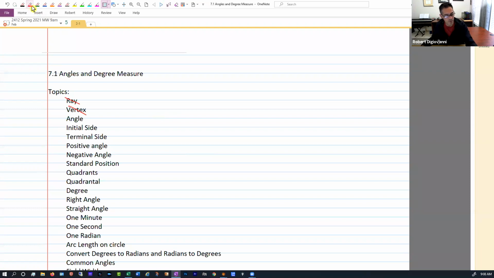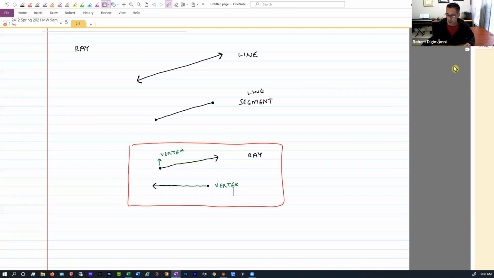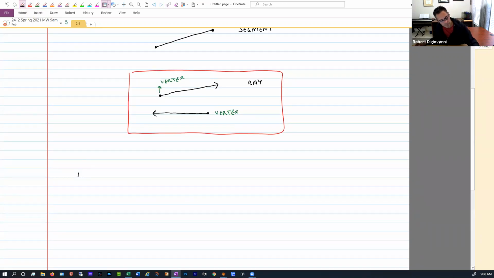Now, the concept of an angle. Let's see, what is an angle, right? So an angle is what you get when you take two rays. You start with two rays, and you connect the vertex, or vertices is what I should put, but I'll just put vertex here.